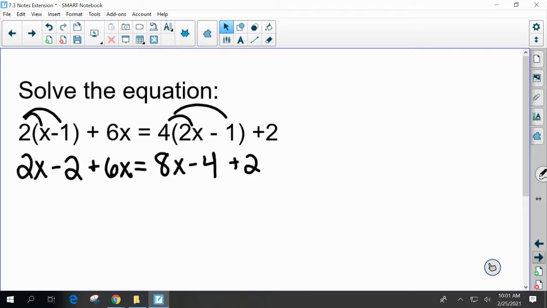Okay, so now I need to combine like terms. So I need to put together my 2x and 6x. Okay, so I get 8x minus 2. And on the right-hand side, I need to combine negative 4 plus 2.